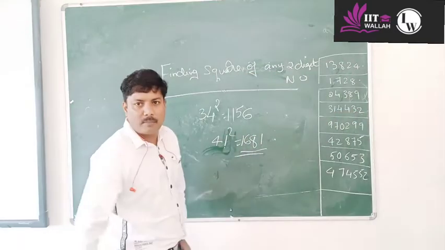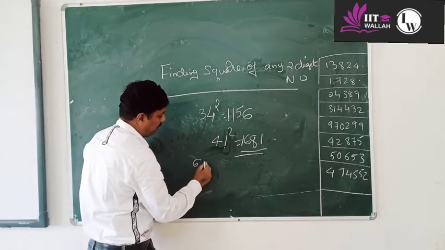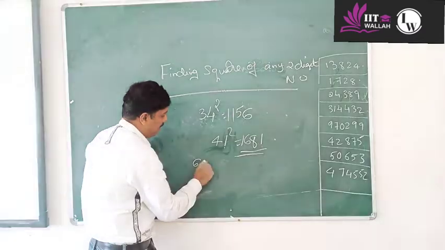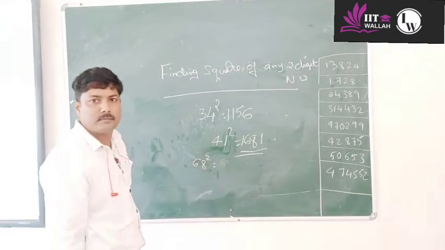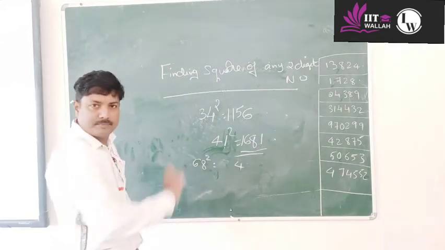So one more example we can consider, 68 square. First step is 8 square is 64, 6 carry.